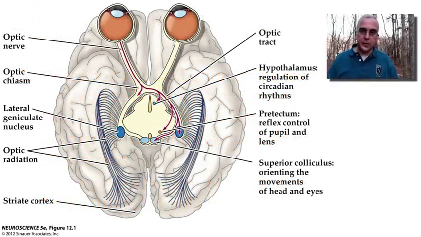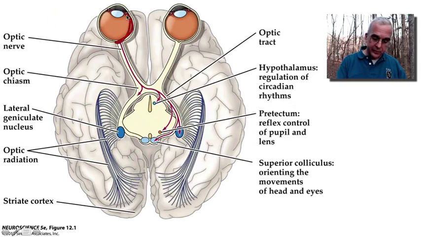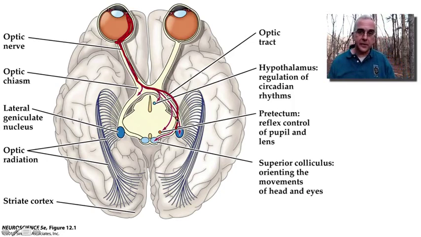All right, let's once again consider the distribution of the axons of retinal ganglion cells. The ganglion cells of the nasal retina send their axons through the optic nerve. They cross the midline and project to targets in the diencephalon and in the midbrain on the opposite side of the brain.